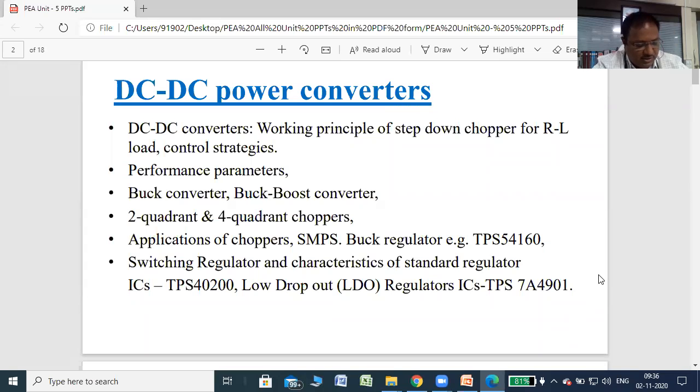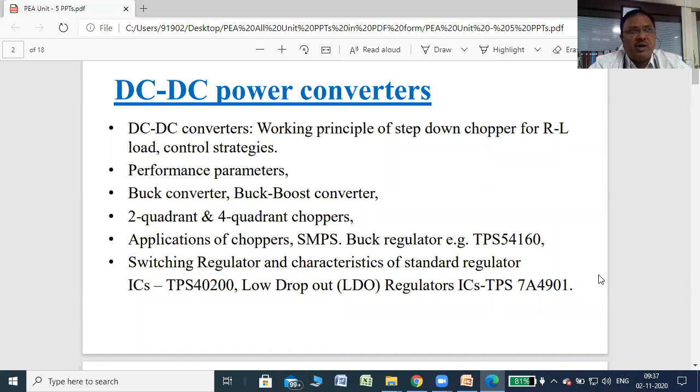As we know, this DC voltage is given to the armature as well as field winding of a DC motor. So you can have variable voltage, so you can easily change the speed of DC motor, so that we require this DC to DC converter.